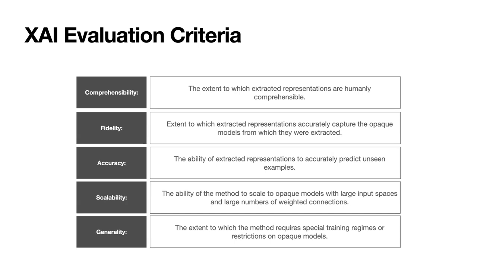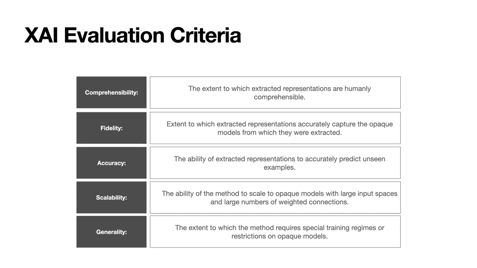Especially when these techniques involve some kind of simplification or construction of a more complex model as a simpler model. You might look at things like fidelity and accuracy. So is it really capturing the model well? Is it really as accurate as the more complex model? Is it scaling as well as the more complex model?